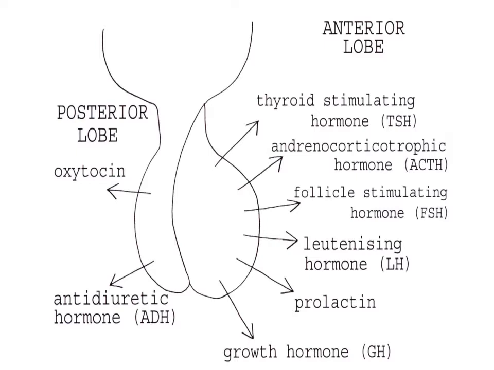Now in women, FSH has two functions. Firstly, it stimulates the development of the ova each month in the ovaries. The structure within the ovary containing an ovum is called the follicle, and this is where FSH gets its name.